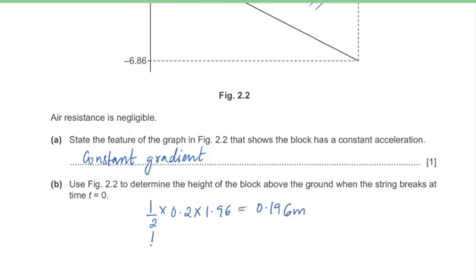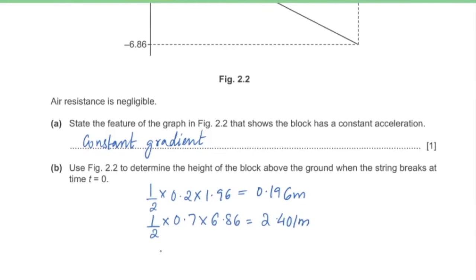When it starts to travel downwards, it covers a distance of half into 0.7 into 6.86 of speed, and that's 2.401 meters. Thus, our answer is going to be the difference between these two distances, or rather displacement, and that's 2.205 meters.